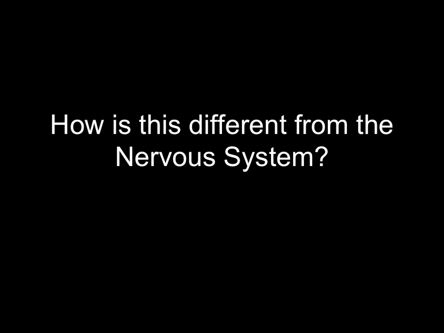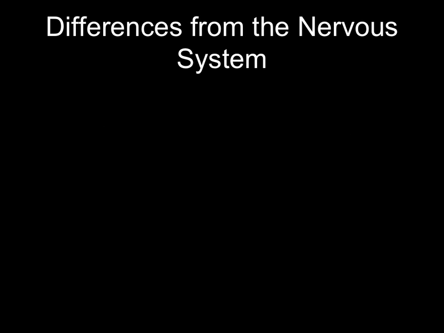So there has to be a reason as to why we have these systems that actually have the exact same functions. So if we contrast how the endocrine system works versus how the nervous system works, we see two major differences. First of all, the endocrine system is a slower operating system as compared to the nervous system, which operates very fast.